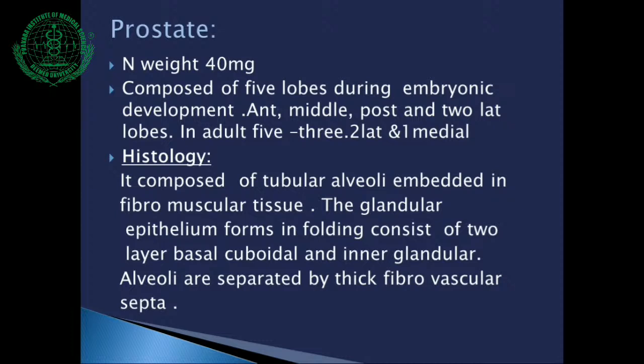On the histology, there is glandular proliferation. It is composed of tubular alveoli embedded in fibromuscular tissue. These glands are lined by 2 types of epithelium, the outer cuboidal and the inner columnar. That is the characteristic.